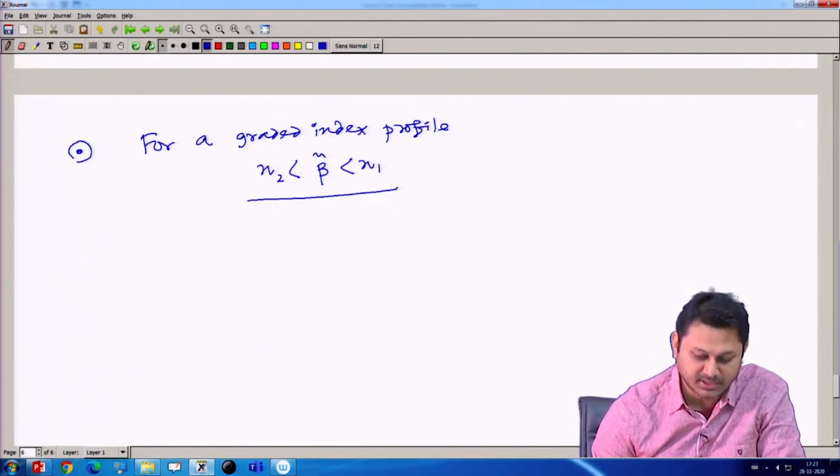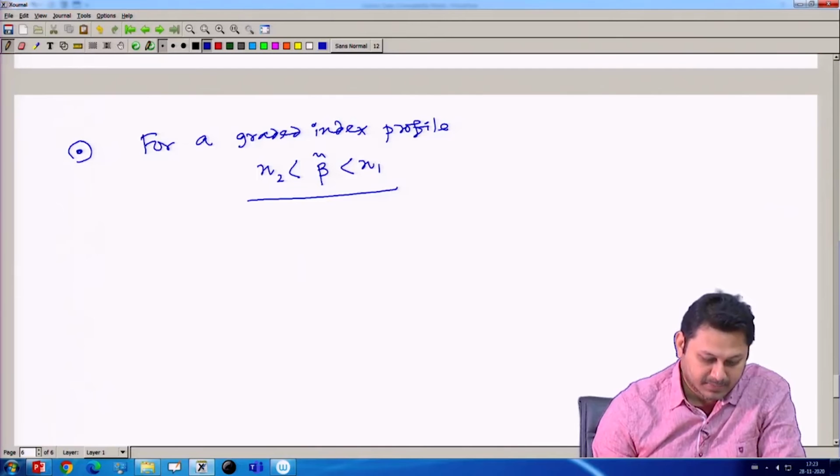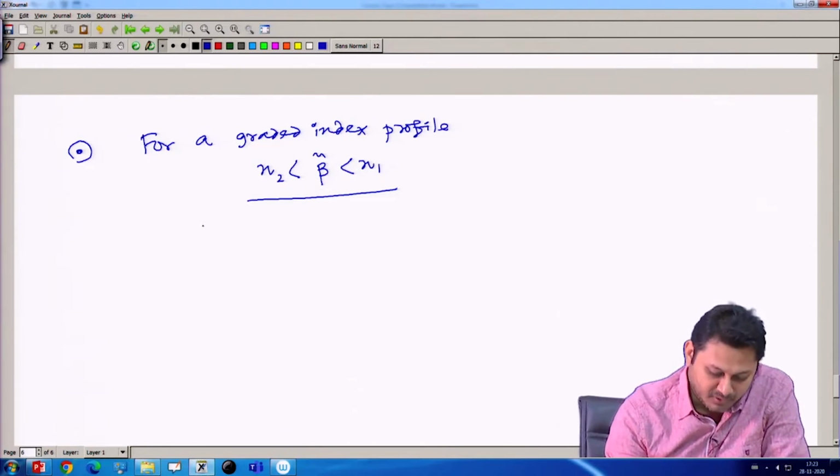So this is the restriction I am putting over beta, and we are going to check what happens if we have a refractive index profile with a parabolic form.